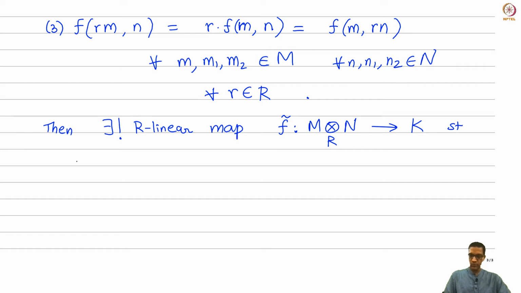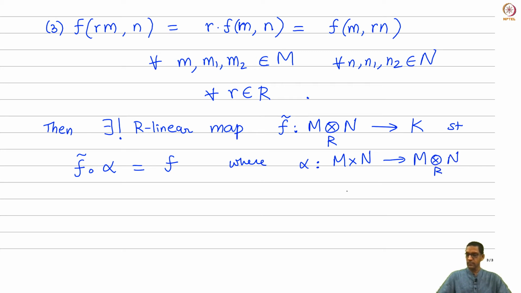So what diagram commutes? Such that f tilde composed with alpha is f, and what is alpha? Where alpha is the standard map from M cross N to M tensor N. Okay, so this is the usual map.